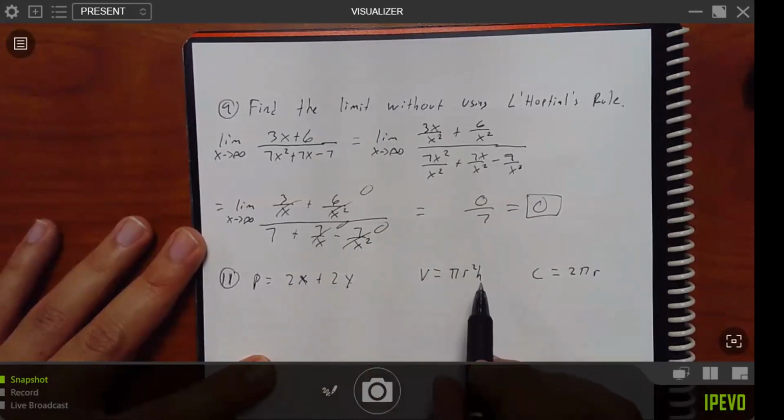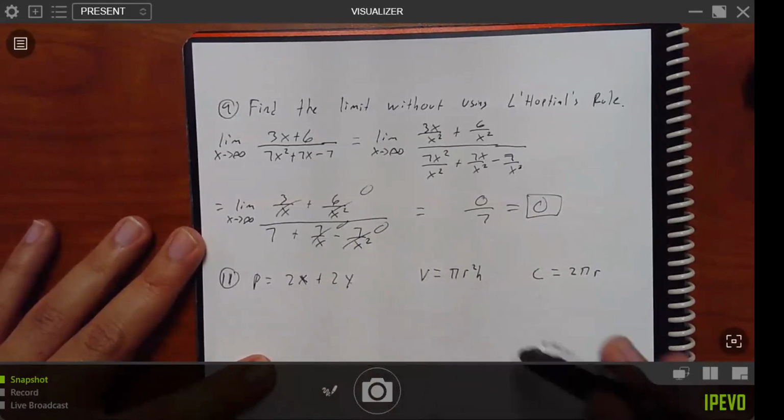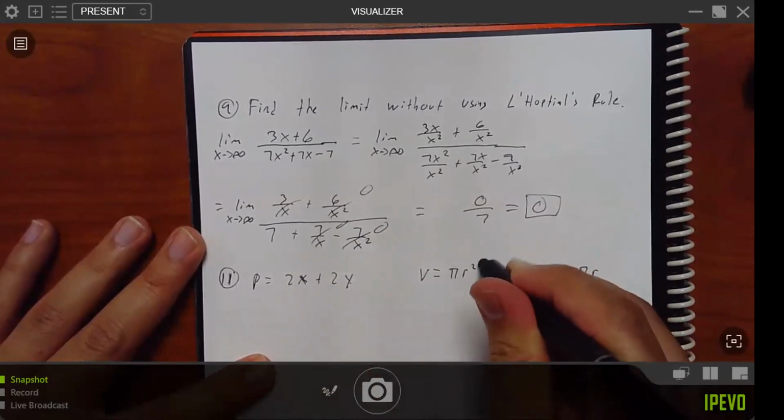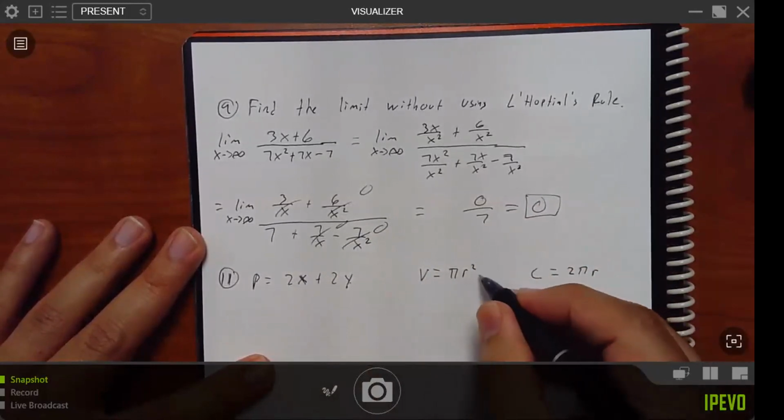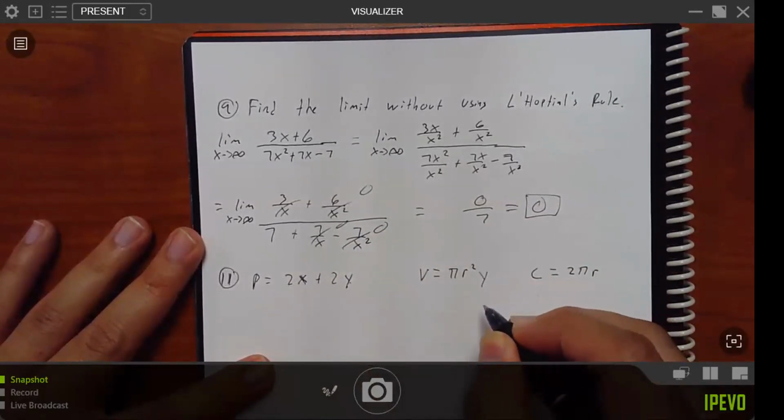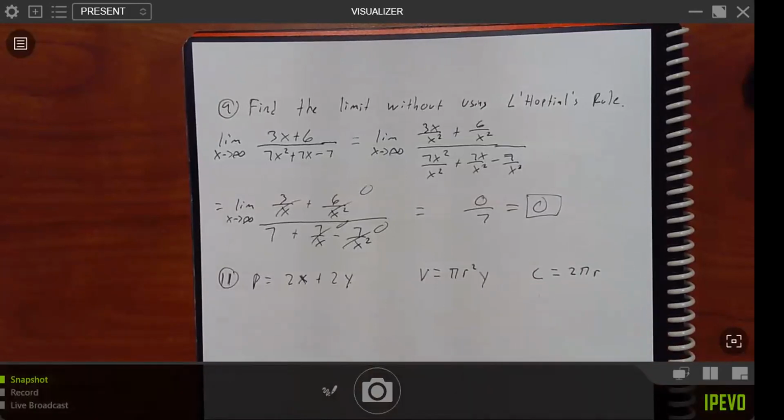So we changed volume in terms of y. If we change the height, it should be just a y here, right? But what is the radius in terms of the rectangle?